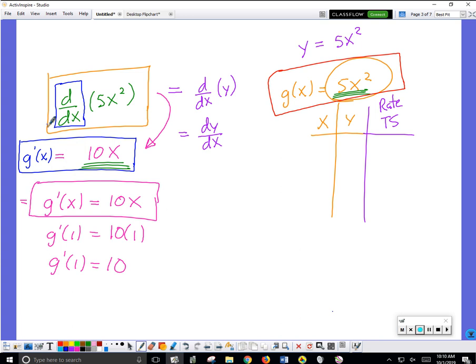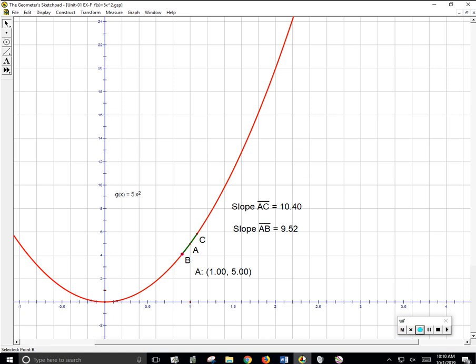Okay, it's crucial that you understand rate, because tangent slope means rate. So look here. Secant slope also means rate. The difference is tangent is instantaneous rate, secant is average rate. So as an example, if I put this point right there, it's telling you that the rate of change from A to C is 15.